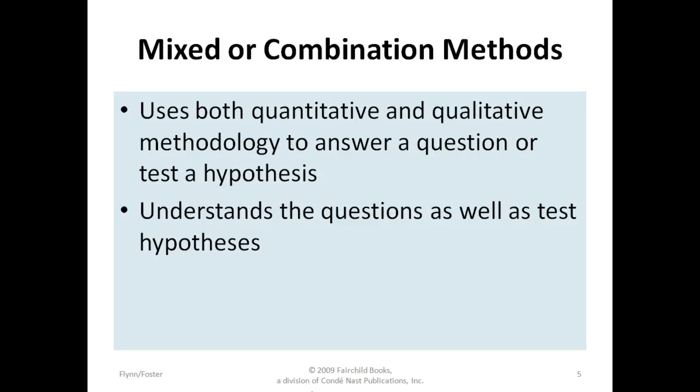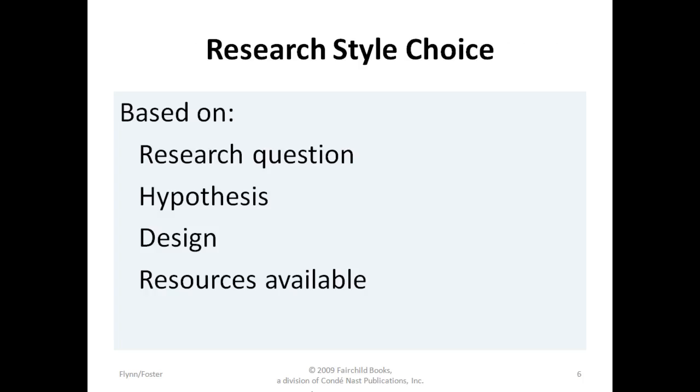You'll get exactly what you're asking for, but then you'll have all these open-ended questions where people can give you more information than you could get out of a quantitative study. So you'll get more results that way. However, doing mixed methods is really great, but it does take a lot more time because you're doing pretty much two almost separate studies.